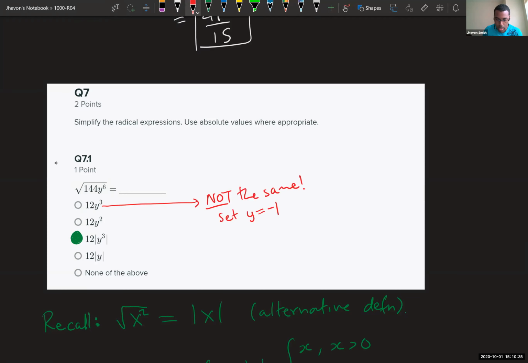To see this, one example, set y equals -1. If I take the square root of 144 times -1 to the 6, I would get 12. Versus if I take 12 times, plug in a -1 here, cubed it, I get -12, not equal.